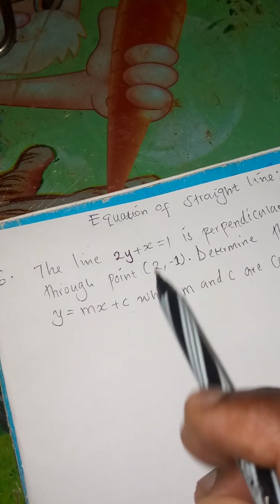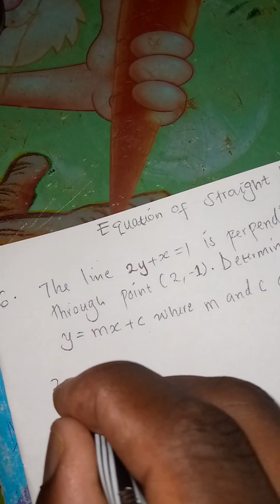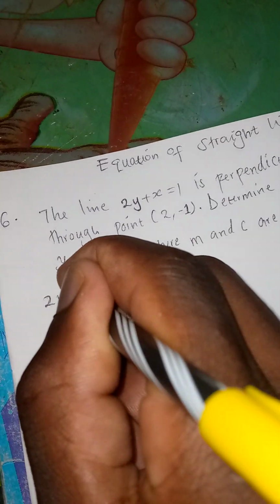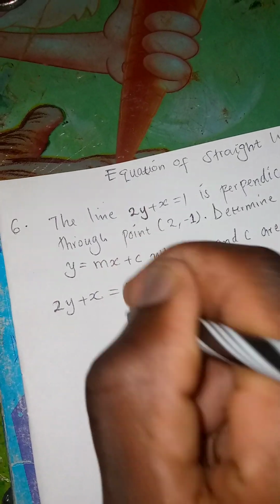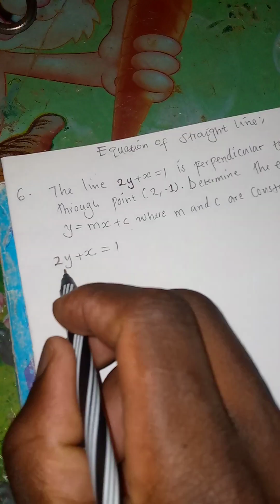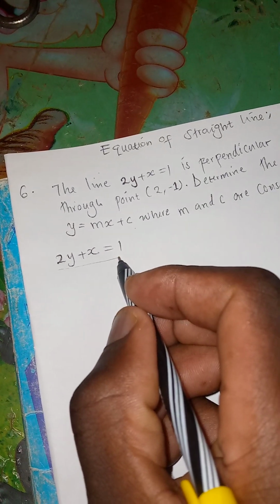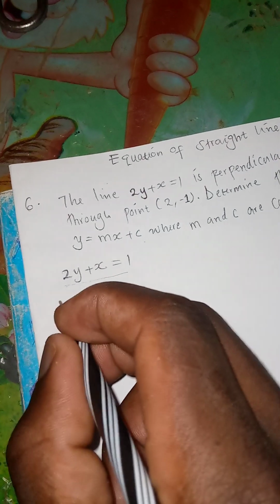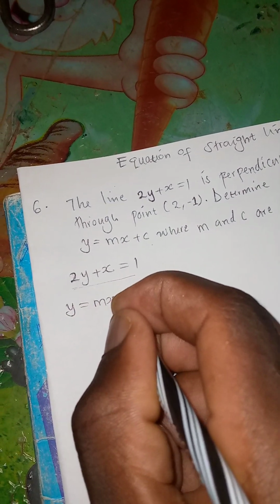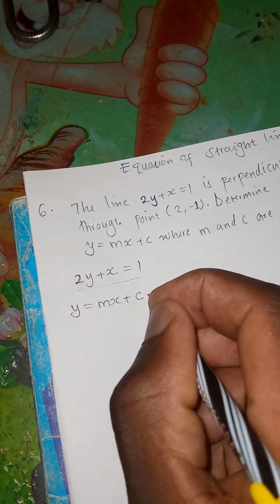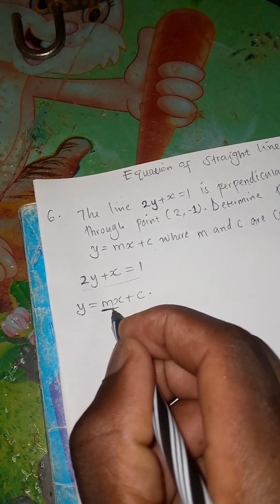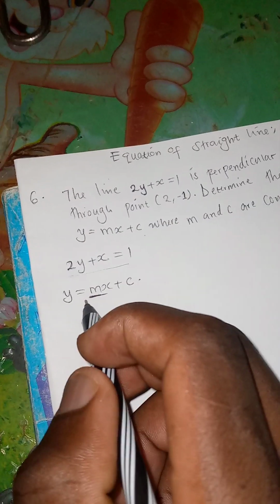So let us do that. 2y plus x equals 1. For us to get the gradient of this line, we should express it in the form y equals mx plus c. The coefficient of x will now be the gradient of this line.